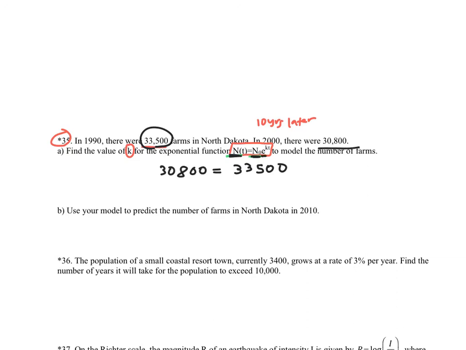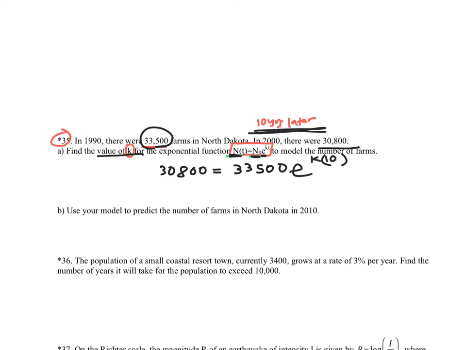We know that the e goes right here, that's the base. It says, find the value of k, so k is your unknown, but we know that the t, time, is 10, right? Because 10 years has passed going from this many farms to that many farms. This is your initial amount, that's your final amount.